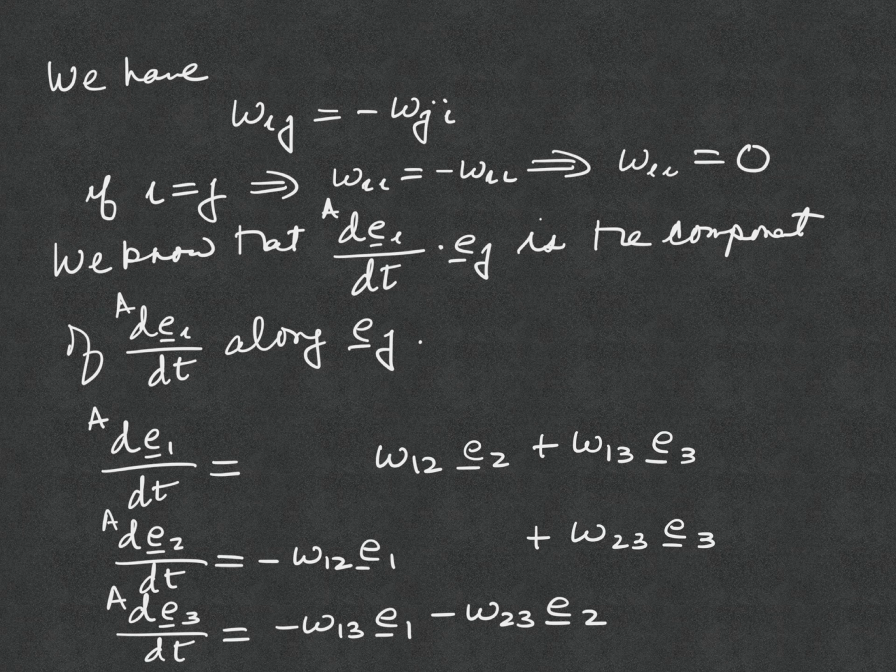Now what I'm going to do is make the following substitutions. Let omega 12 equal omega 3, omega 13 equal minus omega 2, and omega 23 equal omega 1.